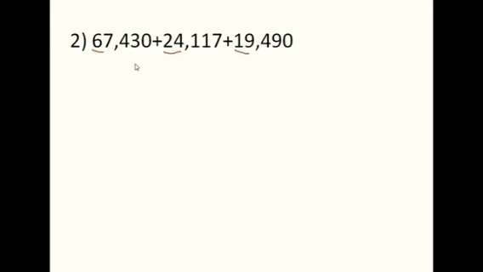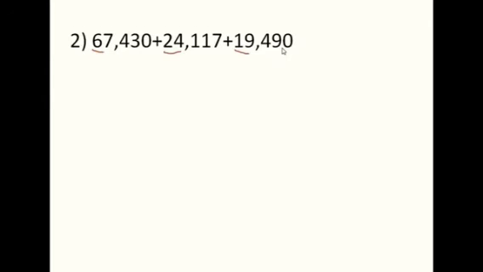So 67,430 rounded off to the nearest 10,000 place will be how much? 70,000. The same way we will work out these two also.